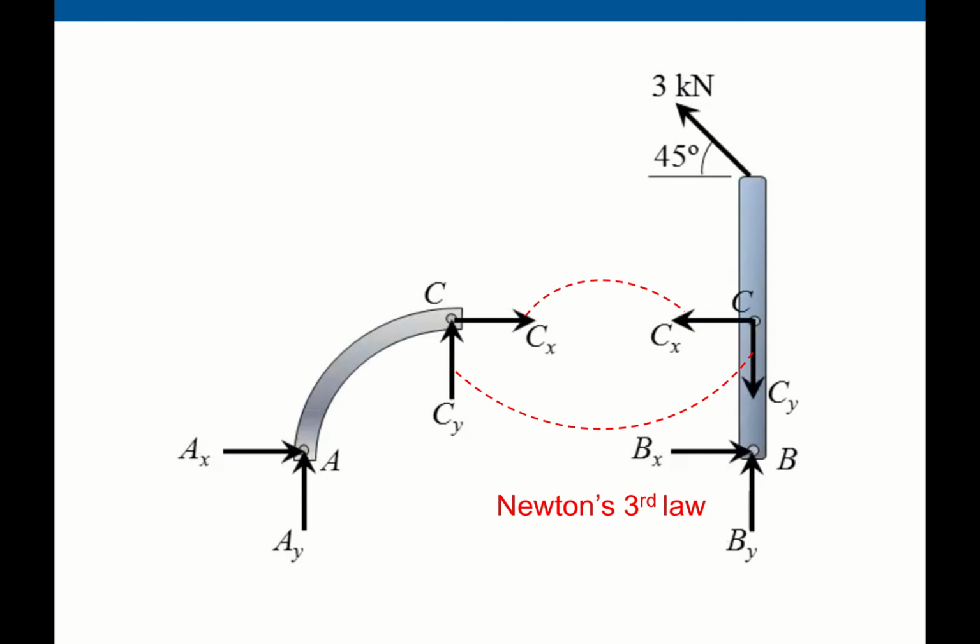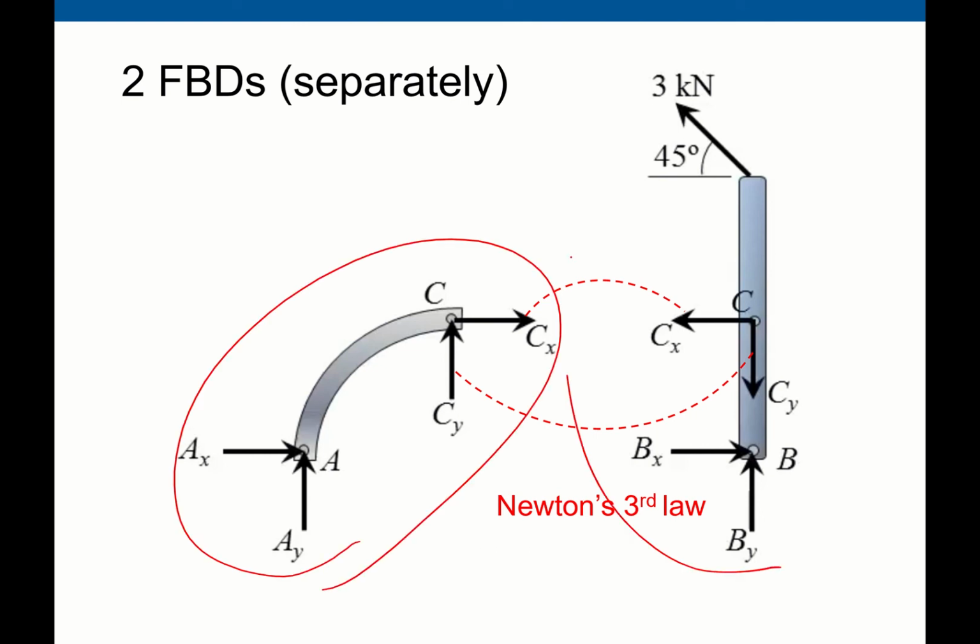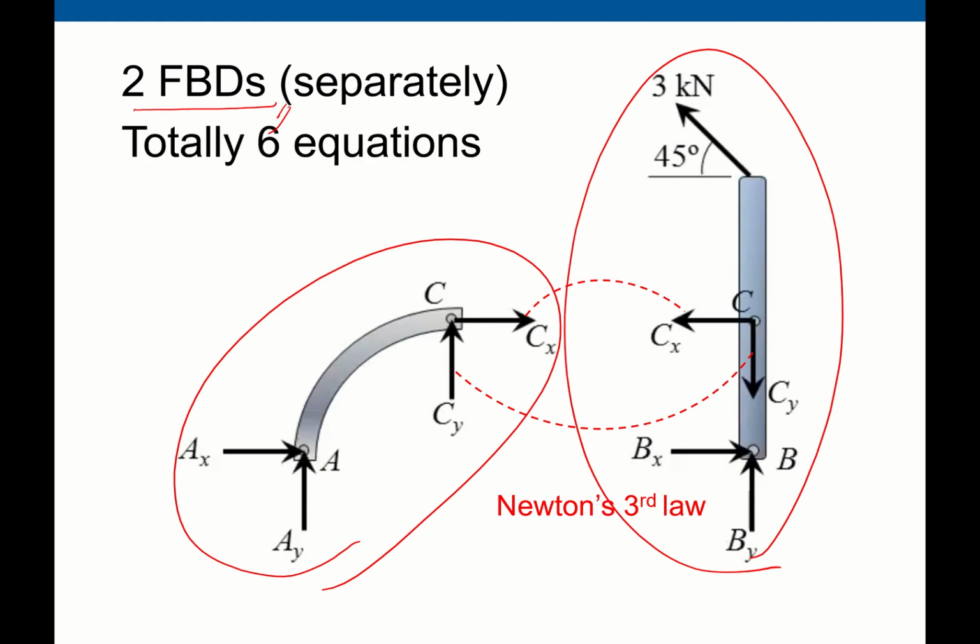We can draw two different free body diagrams. This one is one free body diagram, this is another free body diagram. So here we have 6 unknowns, and for each free body diagram we have 3 equations, so we have a total of 6 equations, so it's solvable. Technically, it's solvable.